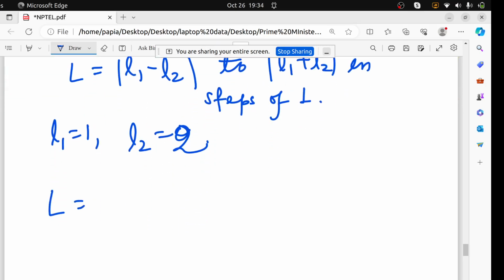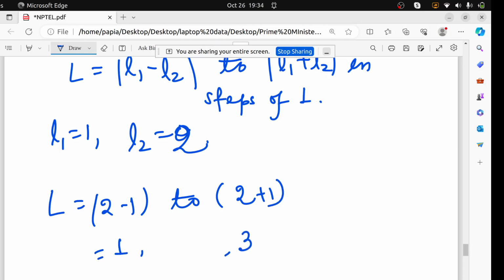The L will be 2 minus 1 to 2 plus 1. So 2 minus 1 is what? 1, and it is 3. So in between 1 and 3, which one will be there? 2, because in steps of 1 we are calculating. So that means our total orbital angular momentum can have the value 1, 2 and 3.